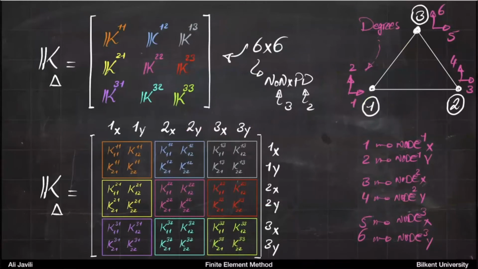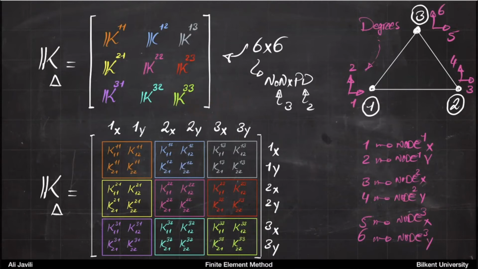And then you can imagine if you have something like a triangular element, this would be a stiffness that is 3 by 3, but then each of these boxes is a 2 by 2 matrix, so it's indeed a 6 by 6 stiffness. So 3 by 3 means 3 nodes and 3 nodes.